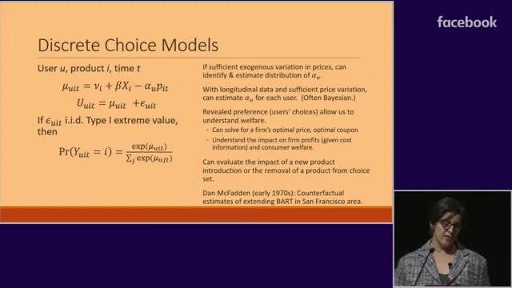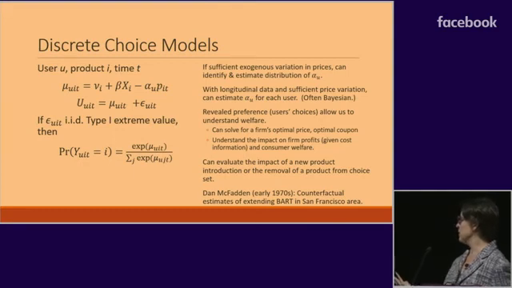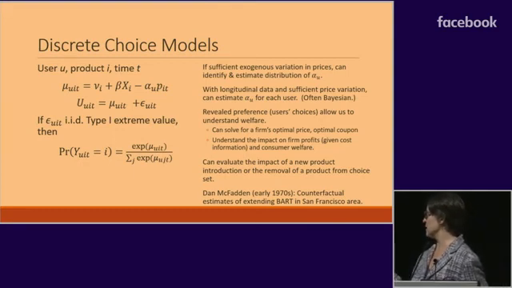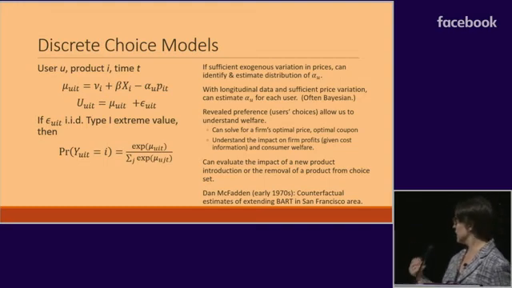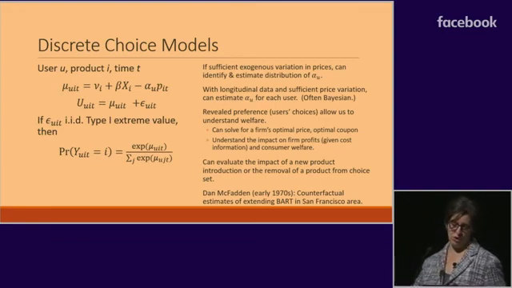And it turns out if that's an extreme value error, if it has a particular logit functional form, then we can write the probability that user u buys item i at time t in this pretty multinomial logit format. It's just e to the mean utility of the item divided by the sum of e to the mean utilities of all the items.